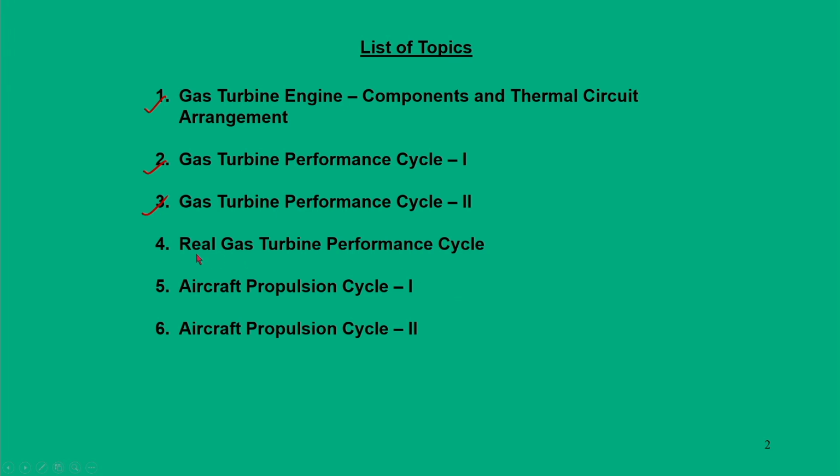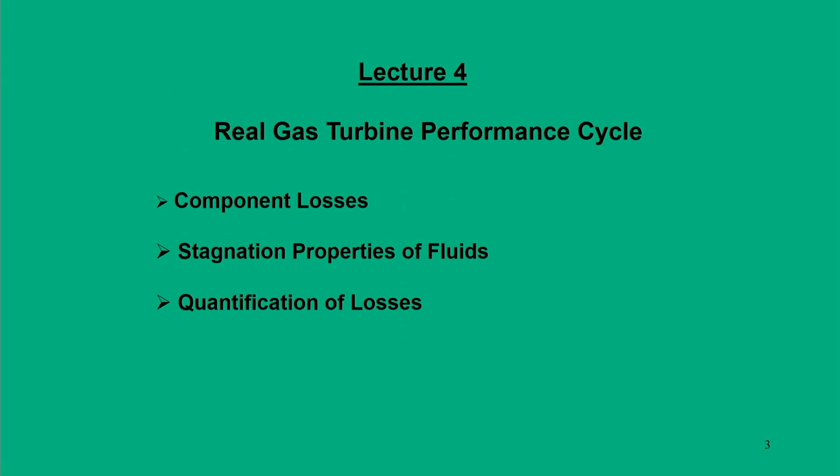So, in our topic today, the real gas turbine performance cycle, we will debate how a real gas turbine cycle is different from its air standard cycle. In this lecture, the following topics will be covered.